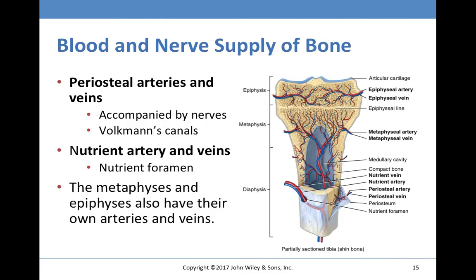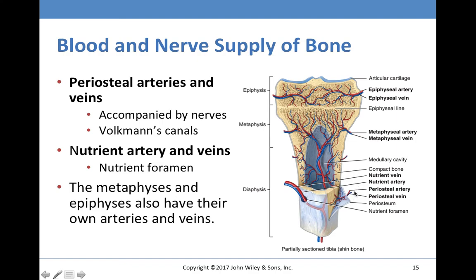Now, as far as the blood and the nerve supply of bone go, our bone will be richly supplied with blood. As you notice, there are many networks of arteries and veins. The arterial supply is made up of several vessels that will direct their blood to those areas of the bone. The periosteal artery that we have is going to enter through what we call Volkmann's canal.